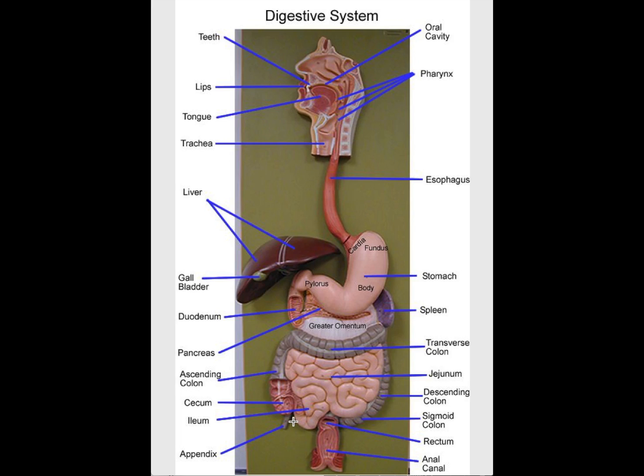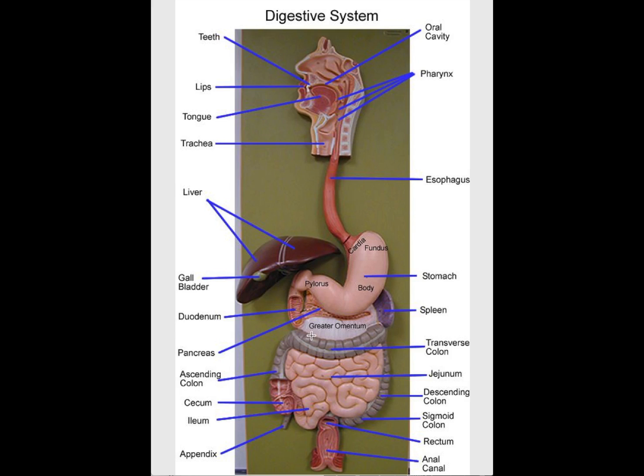Back to this model, here is the cecum, and it's kind of small in there, but the ileocecal valve would be right here. This is the vermiform appendix. And then this is the ascending colon, the transverse, the descending colon, the sigmoid colon is right here. And this grayish, light gray line on here is the Taenia coli.